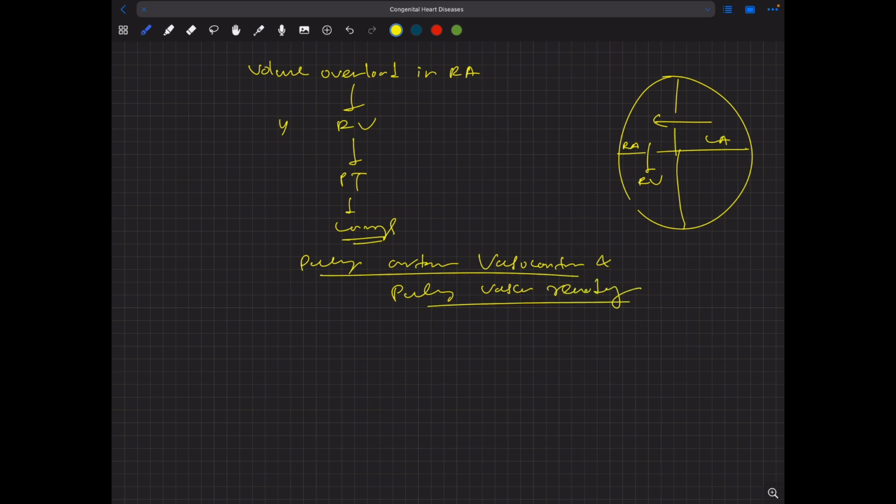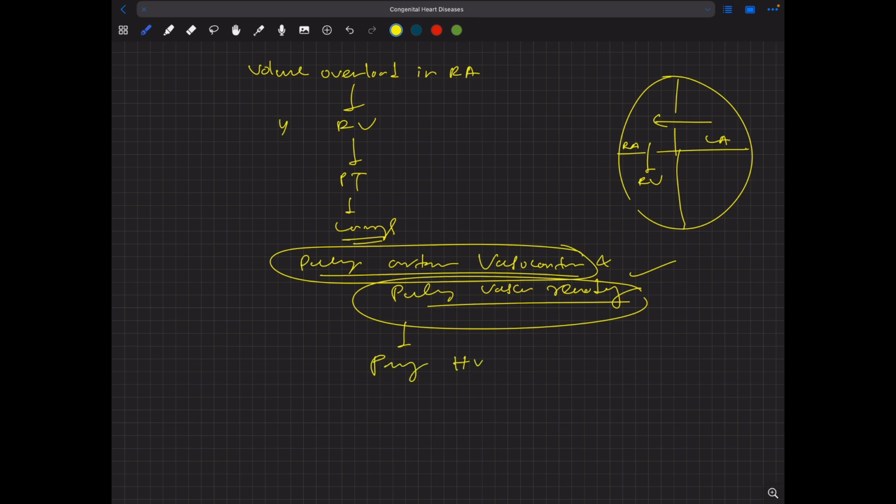The smooth muscles present in the tunica media of the blood vessels of the lungs will undergo hypertrophy, and that will lead to pulmonary arterial vasoconstriction, and this is called pulmonary vascular remodeling. So what will this lead to? This will lead to pulmonary hypertension, which develops over a very long time.